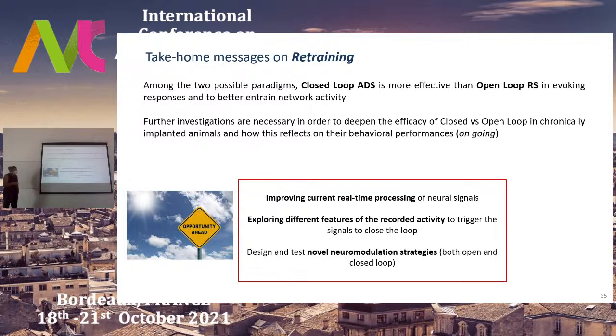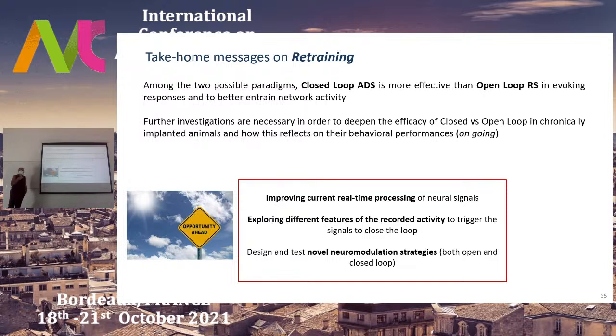And also, another thing on which we are working is that we can explore new neuromodulation strategies. We understood that the closed loop is functioning very well, but this does not mean that the open loop is bad.